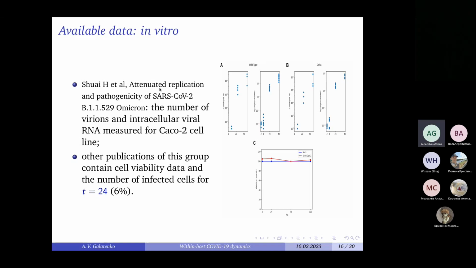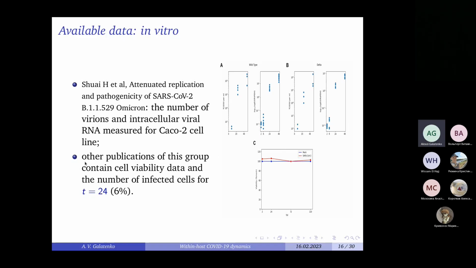And they used Caco-2 cell lines in their experiment. And here are the measurement results. The left part of the figure is the viral concentration, and the right part is the intracellular viral RNA concentration.